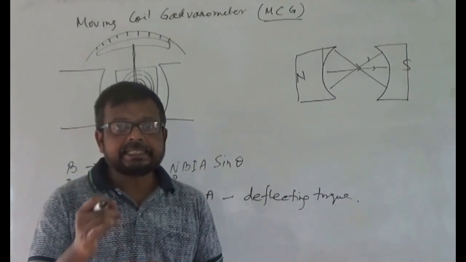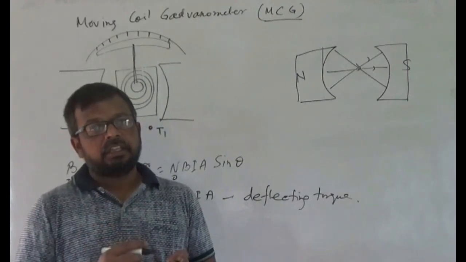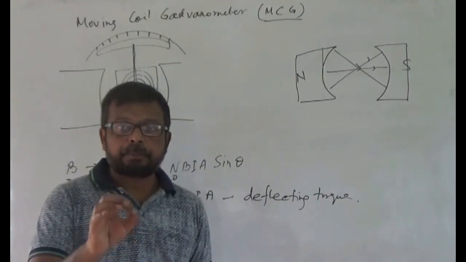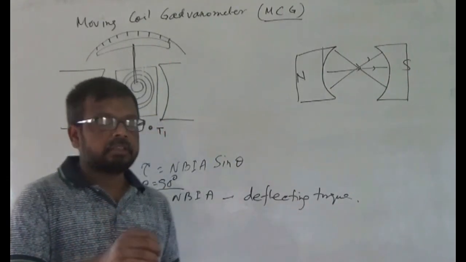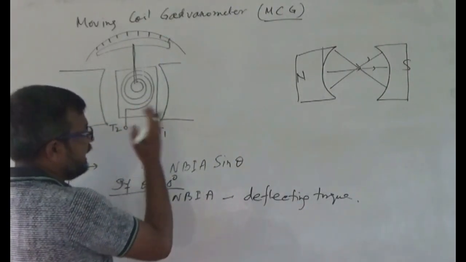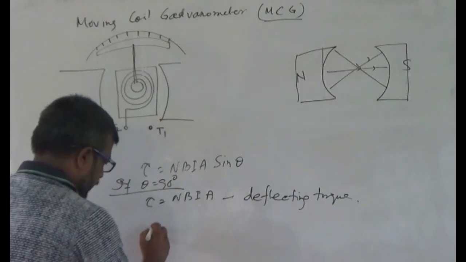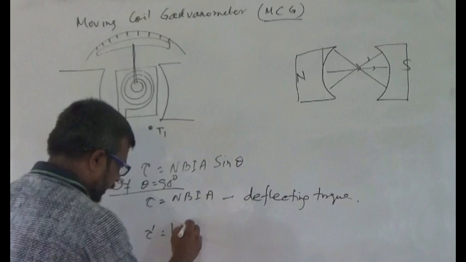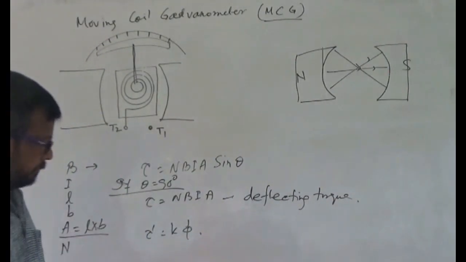If K is the restoring torque per unit twist, then the restoring torque for a deflection of phi, that is tau dash, is equal to K phi, where phi is the angle of deflection.